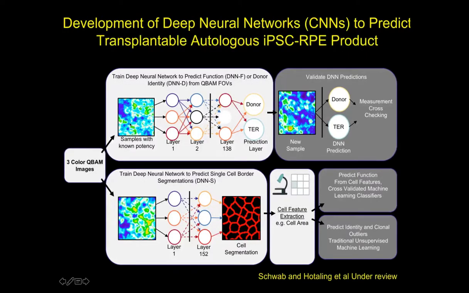We take images of cells as they are differentiating, and we develop a neural network that analyzes those images and compares them to the end result, which is the transepithelial resistance of the monolayer, and use that as a learning set. After the network has been trained, we can use it to make predictions using a new sample. The network will be able to predict which donor the cells came from and what the TER of the monolayer will be.